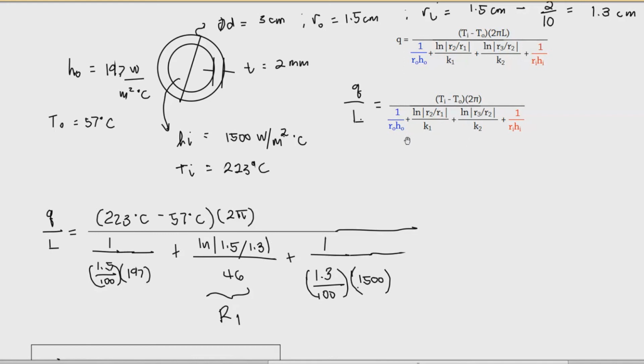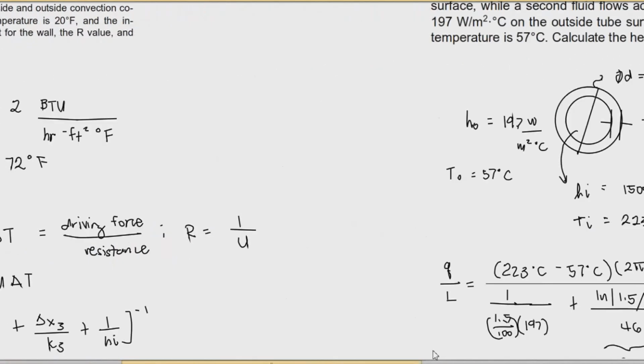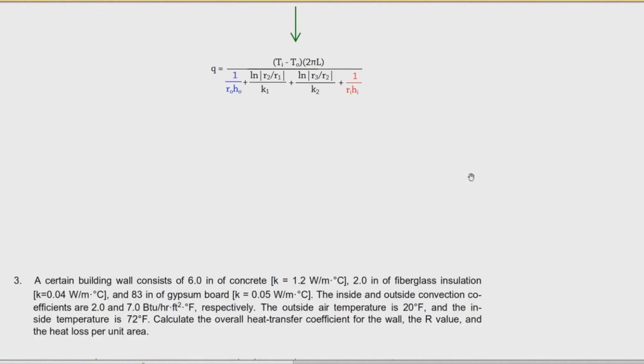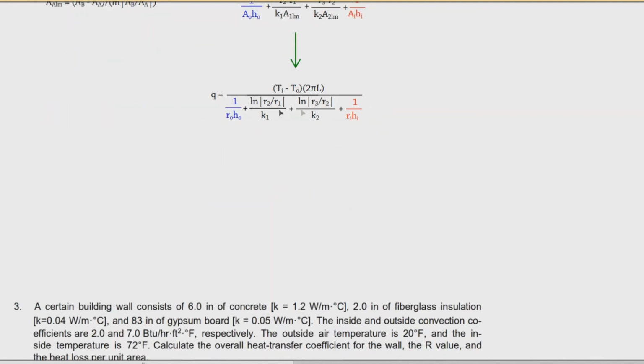So you just have to take these values here, and that will be your R. And if you're asked to find U, then just find the reciprocal of that. I was about to mention that you're not allowed to simply use this since you have 2 pi L at the denominator. You actually have to take it out from this expression. So this is the best choice that you have if you are finding R.